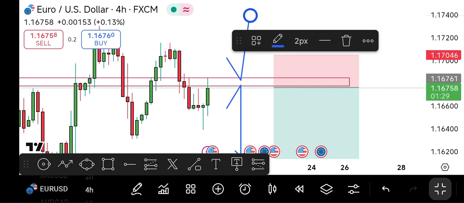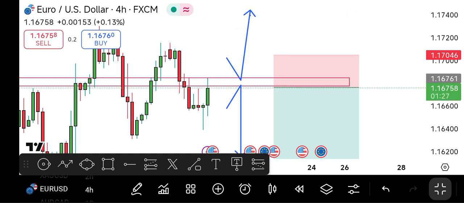That is, we're expecting a buy if the market breaks out of the level to the upside, then retests the level back to the downside, with a confirmation of a bullish engulfing candlestick to enter a buy.